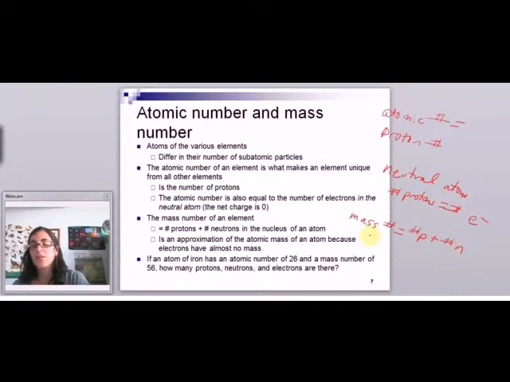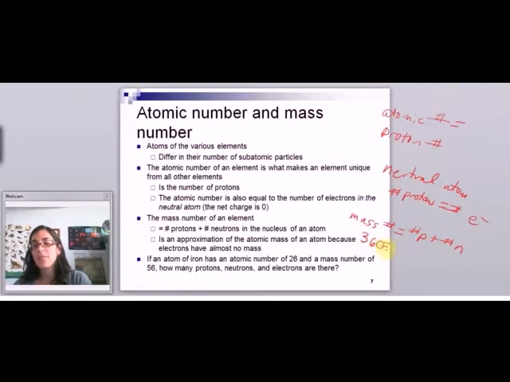So notice that the mass number is really the amount of subatomic particles except for the electrons. So why can I ignore the electrons? Well, electrons are so tiny compared to protons and neutrons that if I just want to approximate the mass, I don't even need to worry about electrons. But this mass number also becomes a nice way to figure out the number of protons and neutrons. Let me just make one up here.